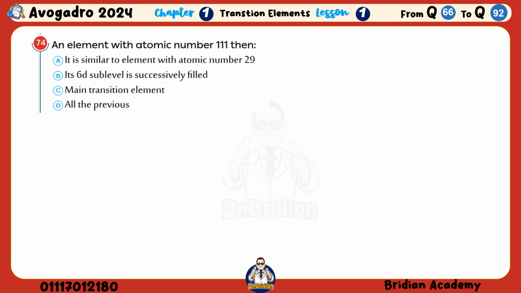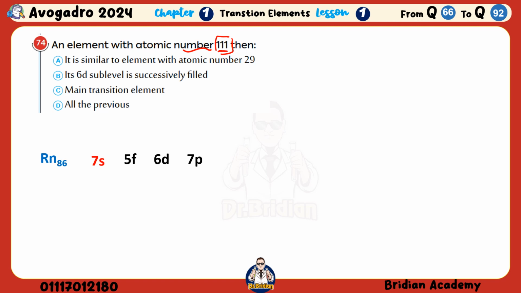Question number 74. An element with atomic number 111. First, you should make the electron configuration. The nearest noble gas to atomic number 111 is radon 86, followed by sublevels 7s, then 5f, then 6d.